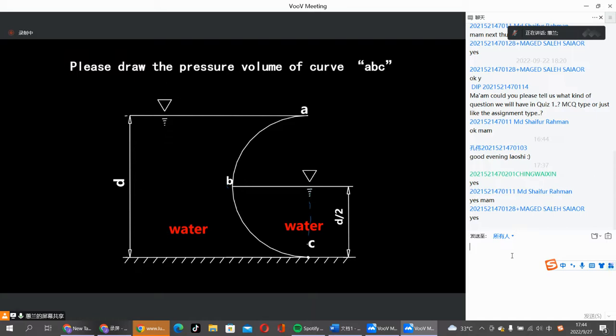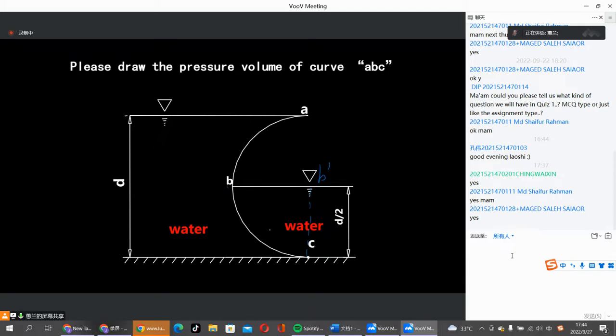Can you tell me? For BC, the horizontal force will equal to the force on the vertical projection area B prime C, right? We just do the verification.